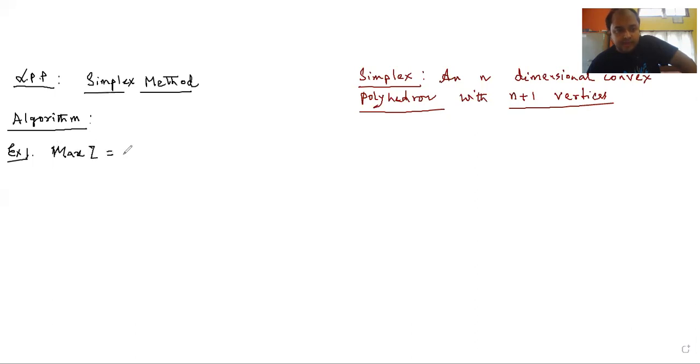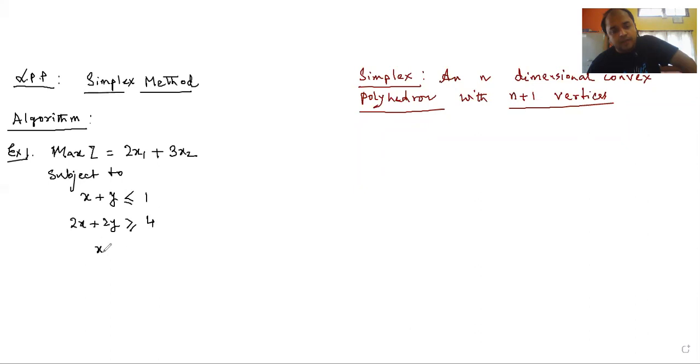Max Z is equal to 2x1 plus 3x2 subject to x plus y less than or equal to 1, 2x plus 2y greater than or equal to 4, x, y greater than or equal to 0.